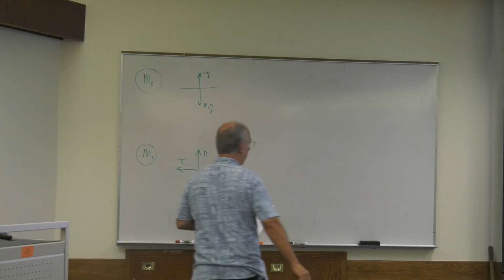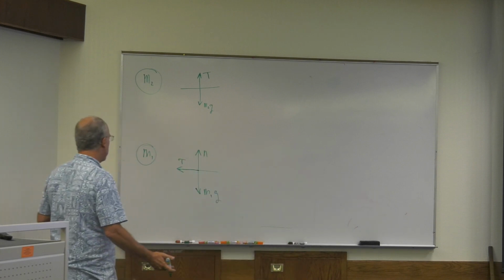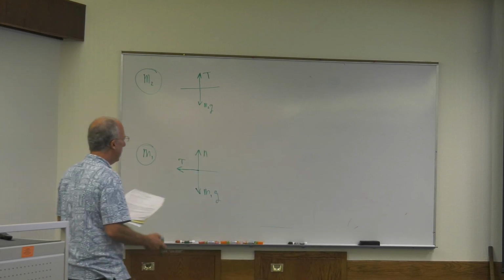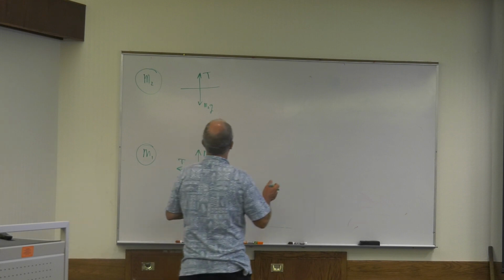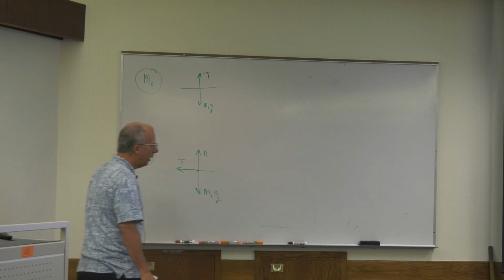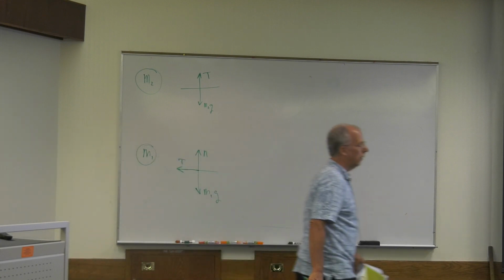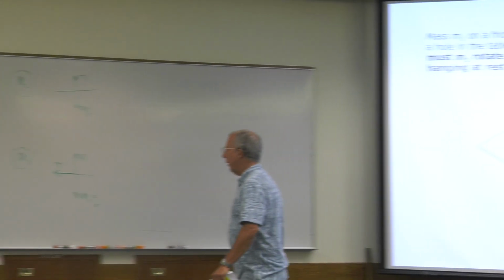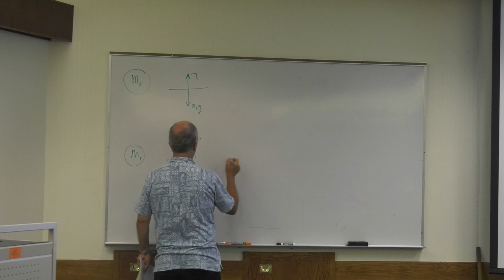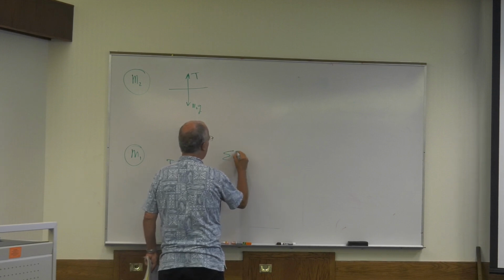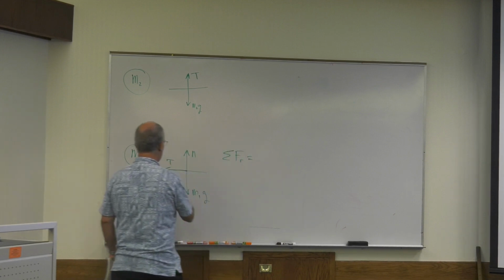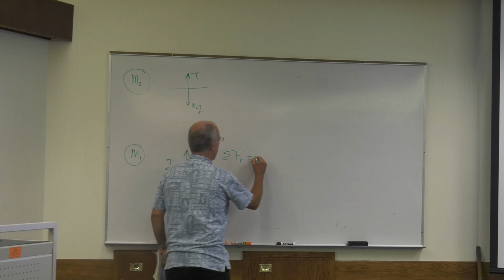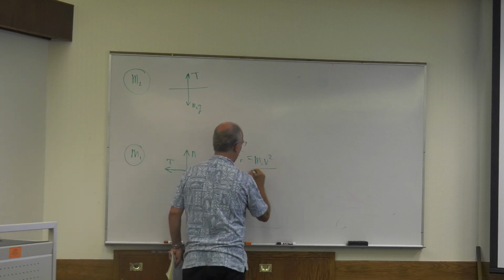Okay, so we got to find the speed. So how are we going to do that? Well, this is moving in a circle, so we know how to do that. So the sum of the radial forces acting on M1 is M1v squared over r.